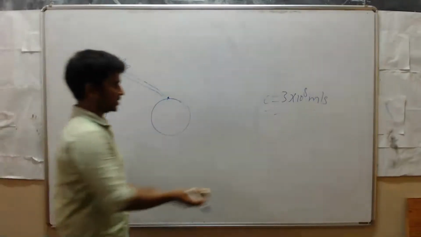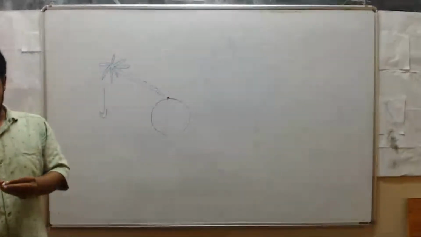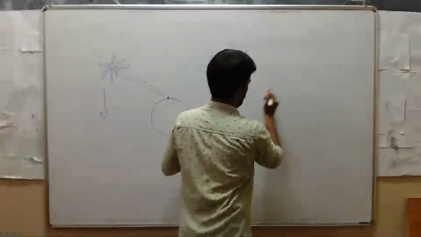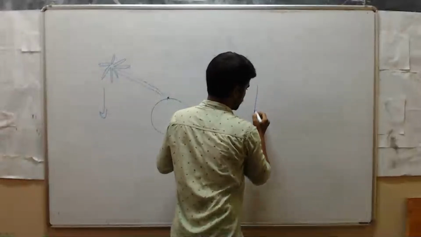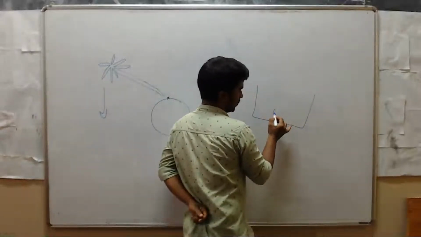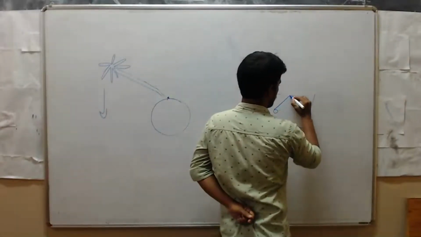Or just see this example: the depth of a swimming pool appears to be raised, right? We have seen this in the last chapter. See here, when you keep one coin here, what will happen?